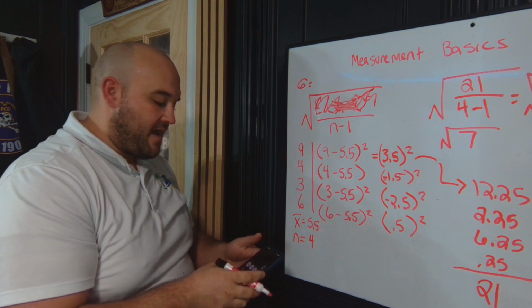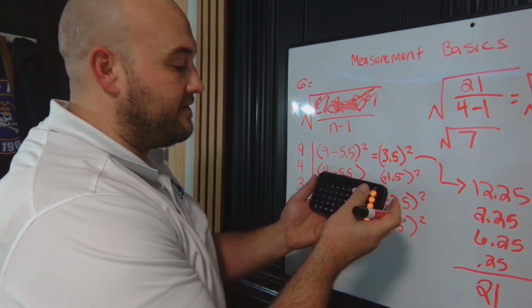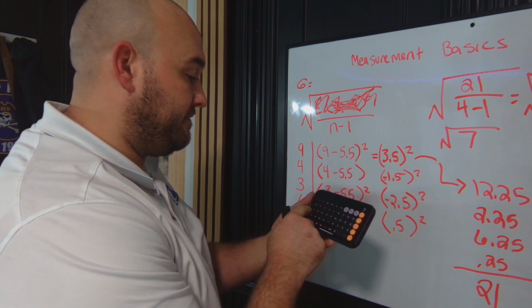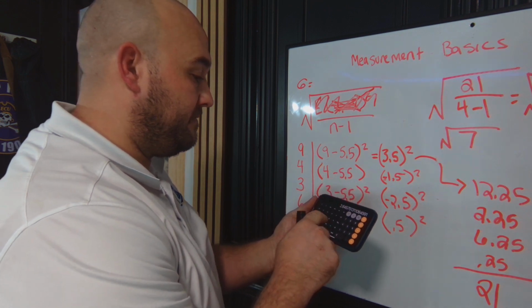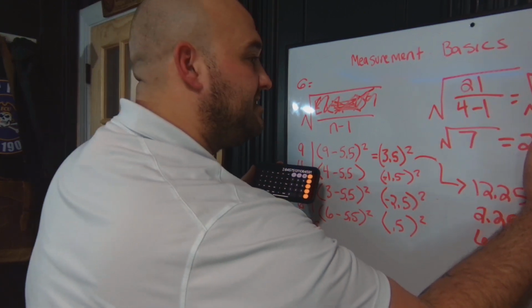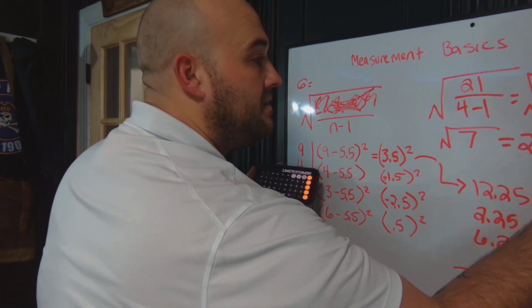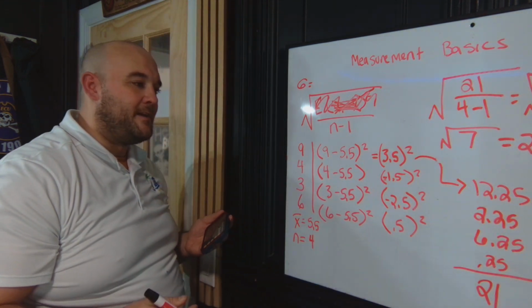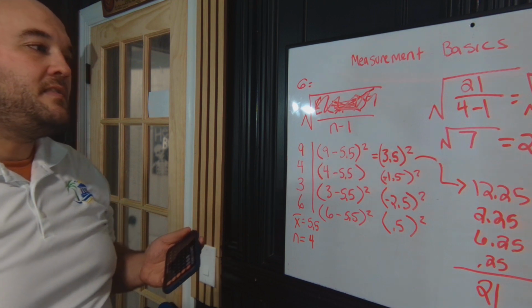And then if you have a phone, all you've got to do is turn it over this way and then take the square root. You should get 2.6457 and a remainder of decimals.